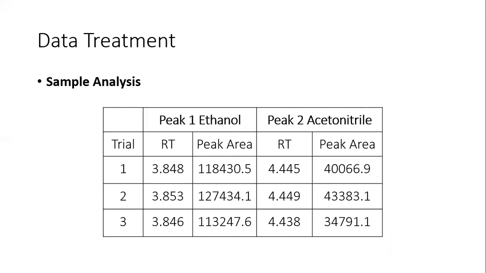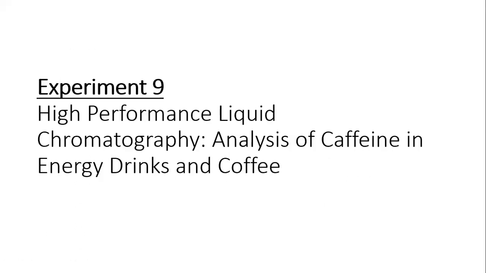So after obtaining your calibration curve, you can now use it for your sample. Then you can determine the concentration of ethanol in your alcoholic beverage. That's it for experiment 8.